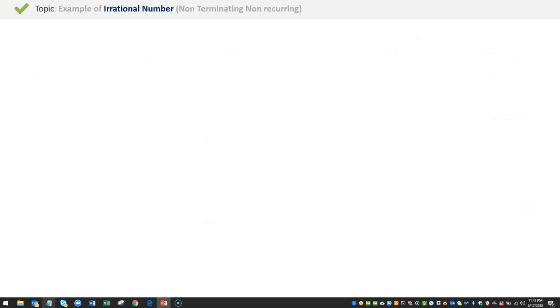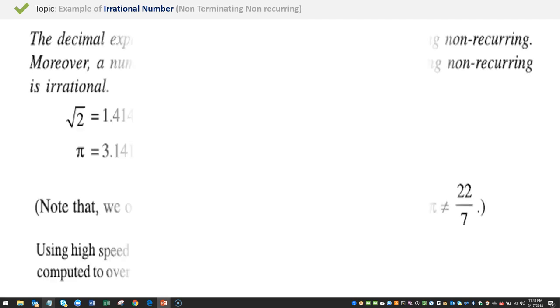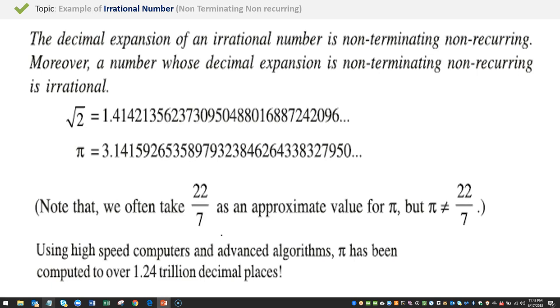Let's take an example of irrational numbers. These are numbers for which the decimal value is non-terminating and non-repeating. Here are some examples. Square root of 2 has the value 1.4142135630730 and so on.